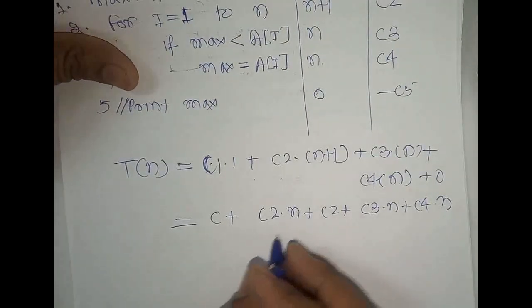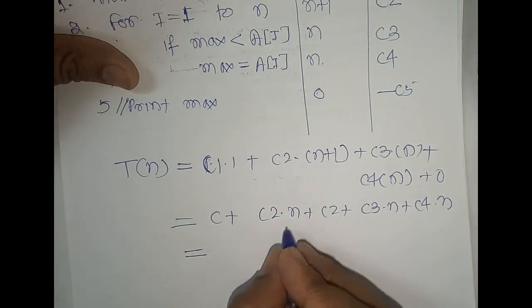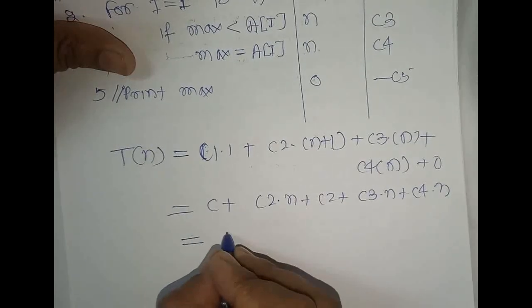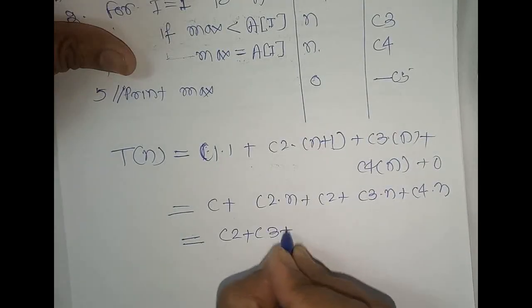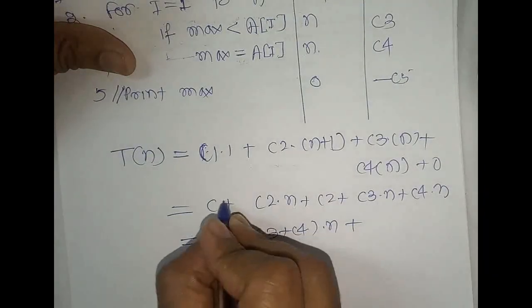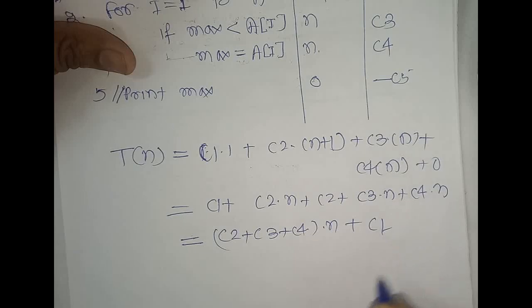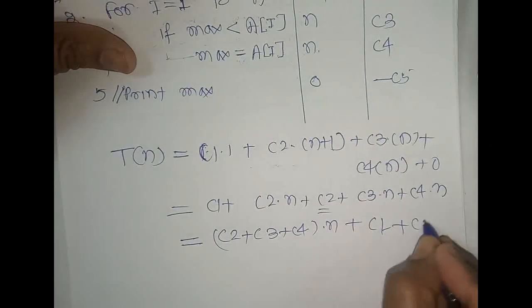So we will segregate these terms in terms of a polynomial. n is the input size, so this will be C2 plus C3 plus C4 into n plus the constant C1 plus C2.